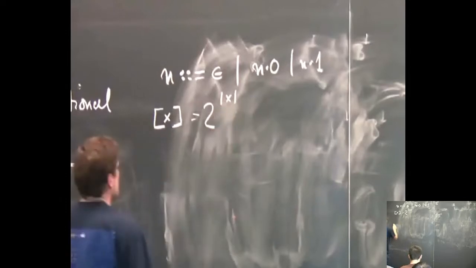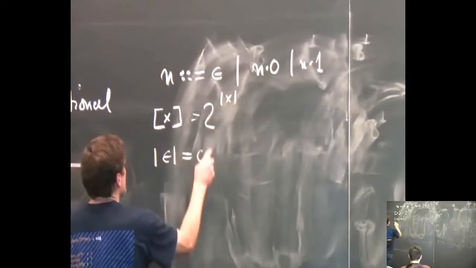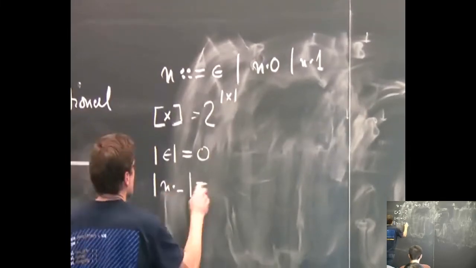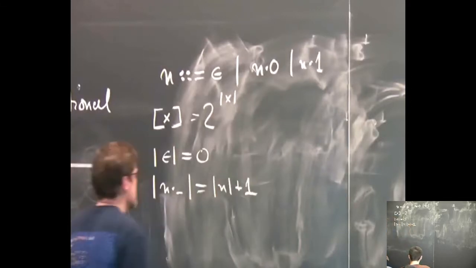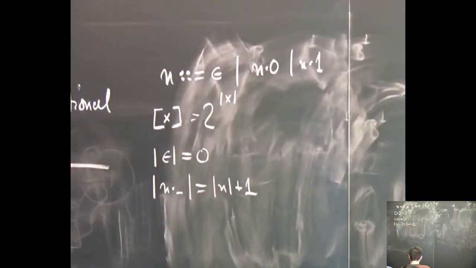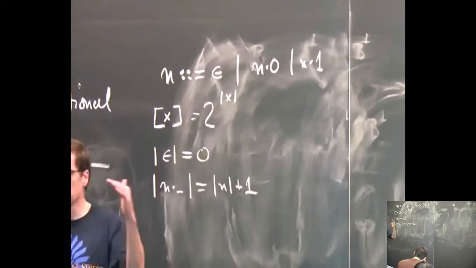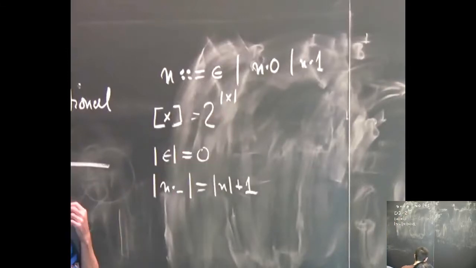So let's quickly define size: size of epsilon should be 0, and size of n with any digit appended is size of n plus 1. So it's the number of digits in the binary representation. This takes the size and takes the power of 2 of that, so it's roughly the same length, maybe off by one digit. So how do we define that?